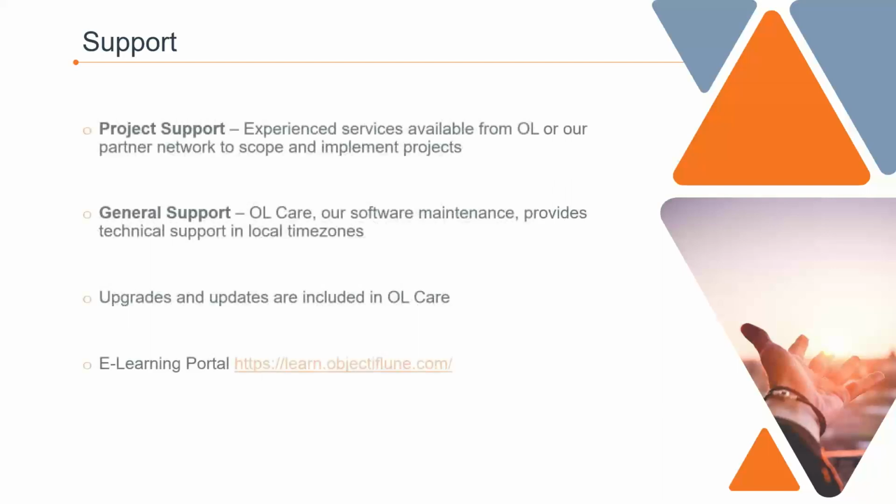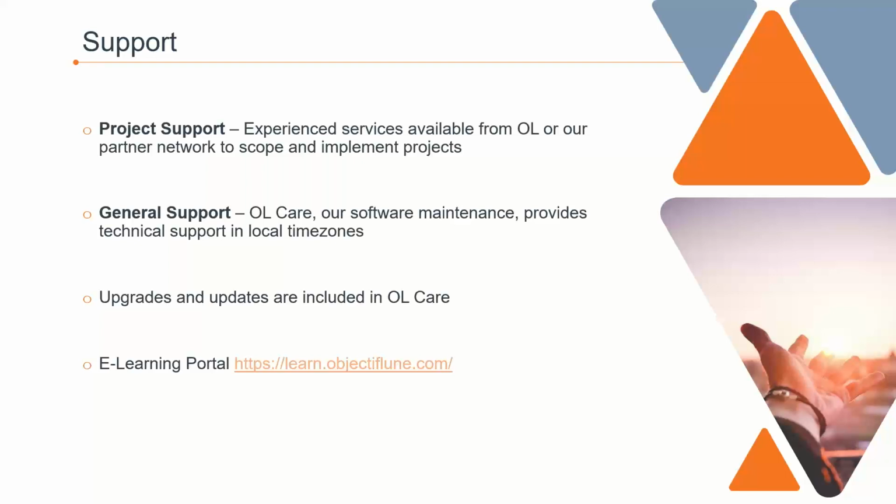If you go ahead and you purchase our software, what type of support will you get? Four things. You will get project support. So we ourselves have experienced services available, or our partner network can assist you with scoping your requirements and implementing a project. Once everything is up and running, then you have general support.